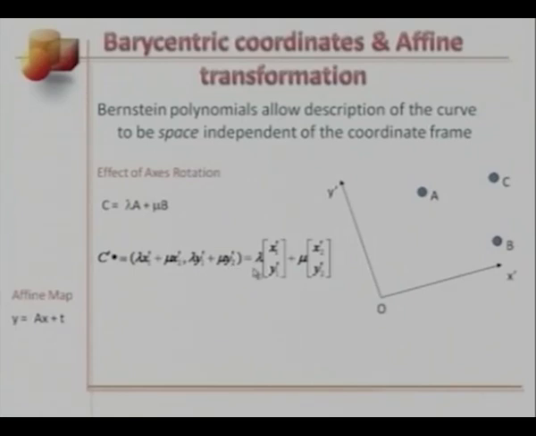In matrix form, this will be lambda times the column vector x1 prime y1 prime plus mu times the column vector x2 prime y2 prime. Try to relate this expression with this expression here.